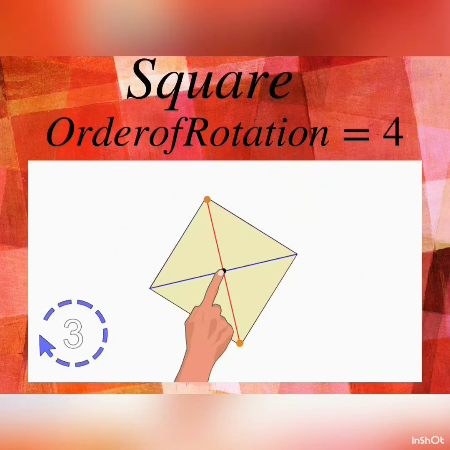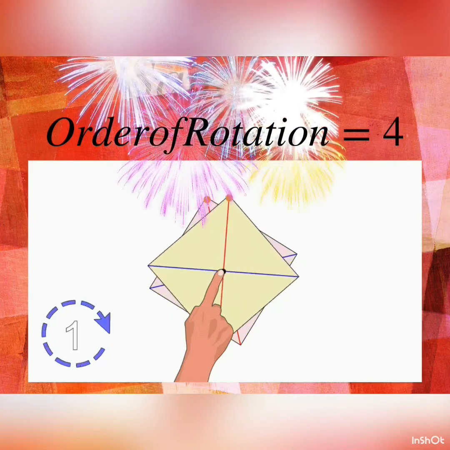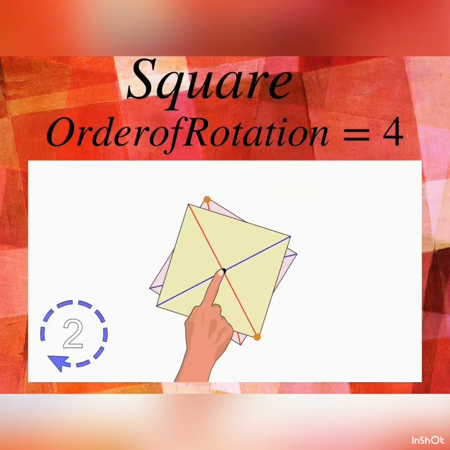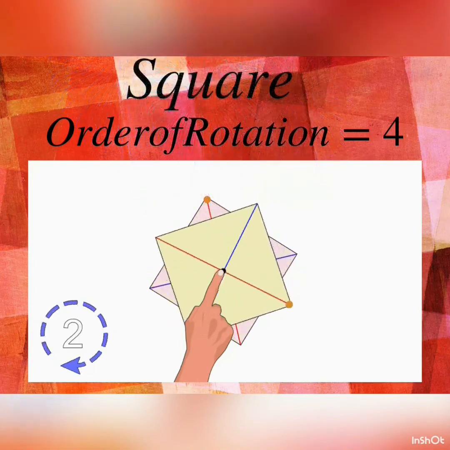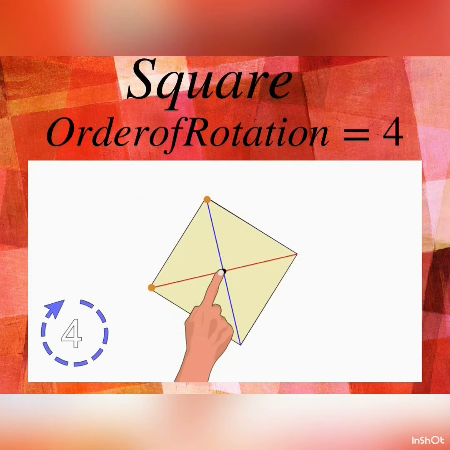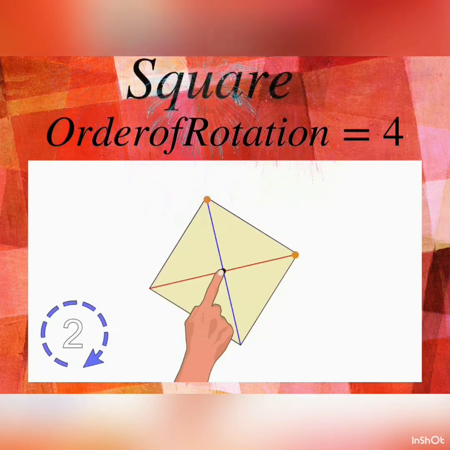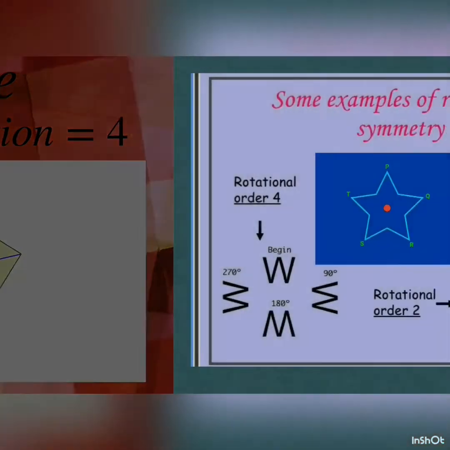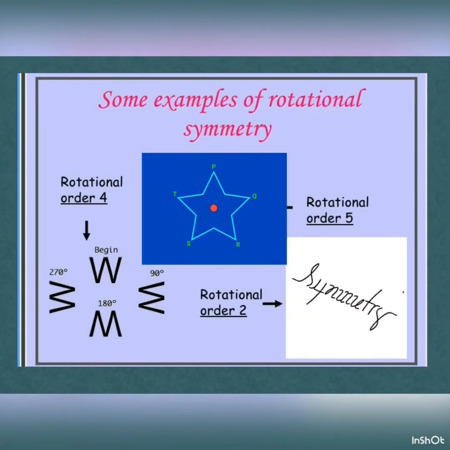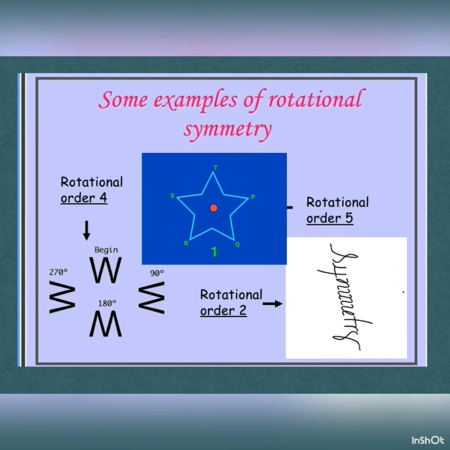Whereas a square looks exactly the same if it is rotated through the angles of 90 degrees, 180 degrees, 270 degrees and 360 degrees. So it is said to have rotational symmetry of order 4. We have some more examples of order of symmetry here. Look at this figure.